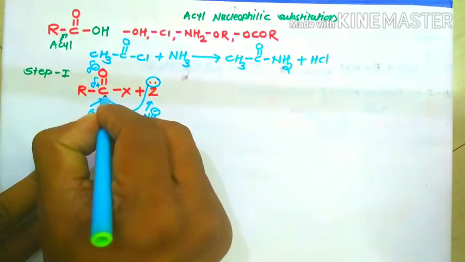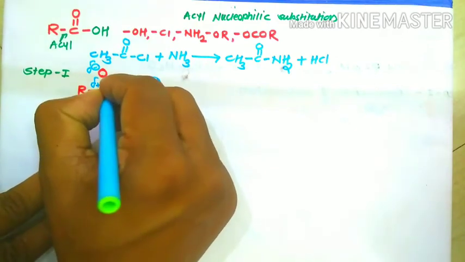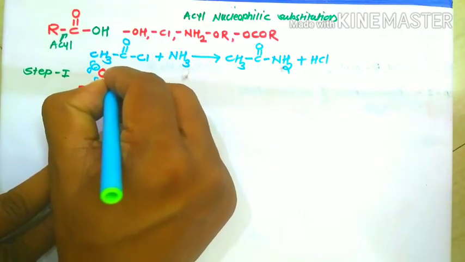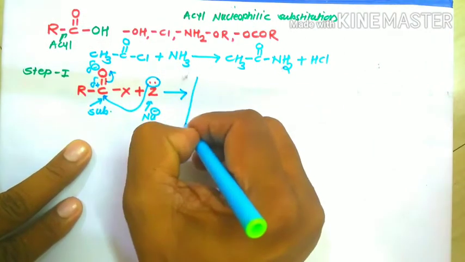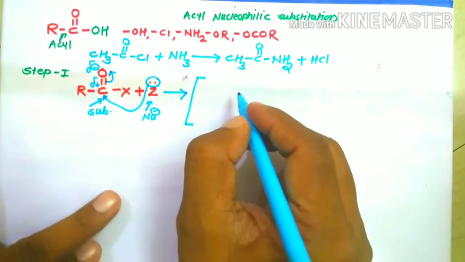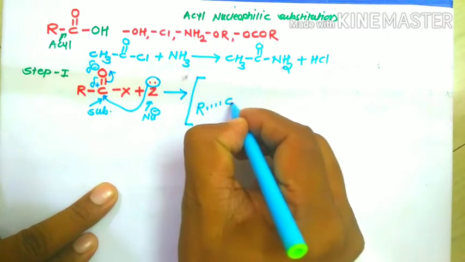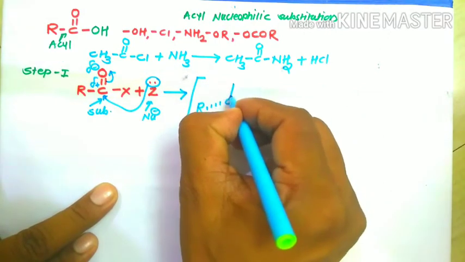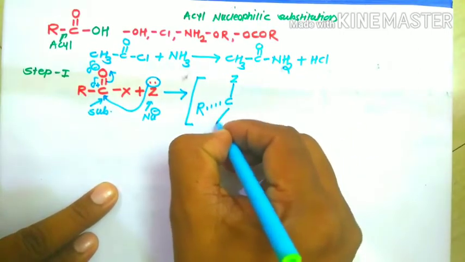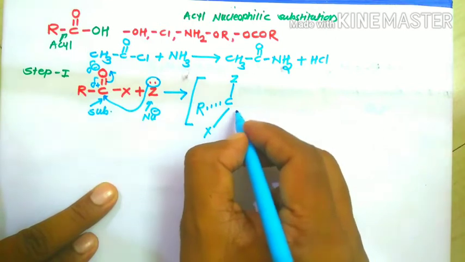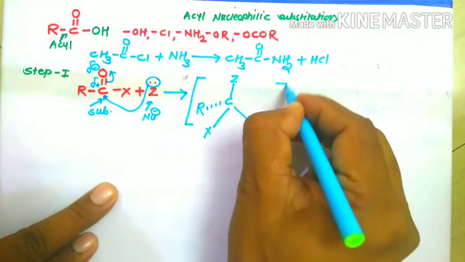The nucleophile attacks the electron deficient carbon atom. Then the bonding electrons shift to the oxygen atom to form a tetrahedral transition state like R, C, Z, that is nucleophile, X leaving group or halide group, O minus ion.